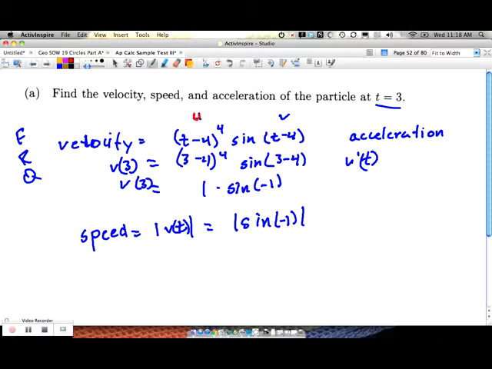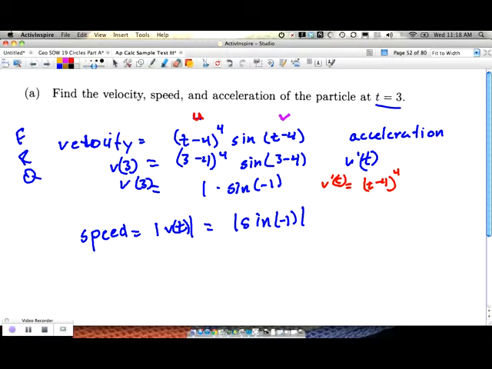So we're going to do product and chain rule. Let's color code this. We'll do the u in red and the v in purple. Sounds good. So we've got u prime v. That's u. v prime of t is equal to (t minus 4) to the 4th times u prime v plus v prime u.